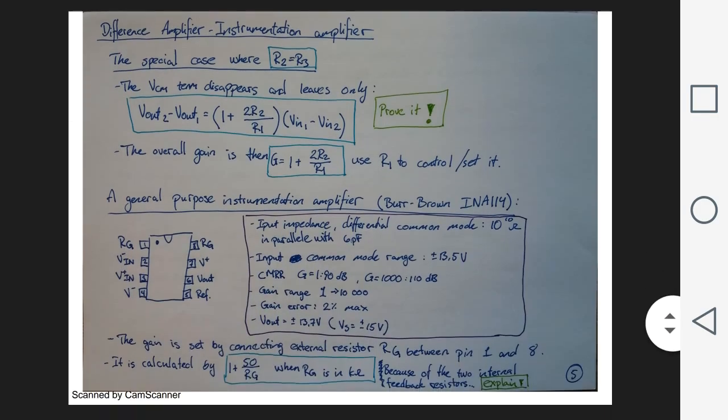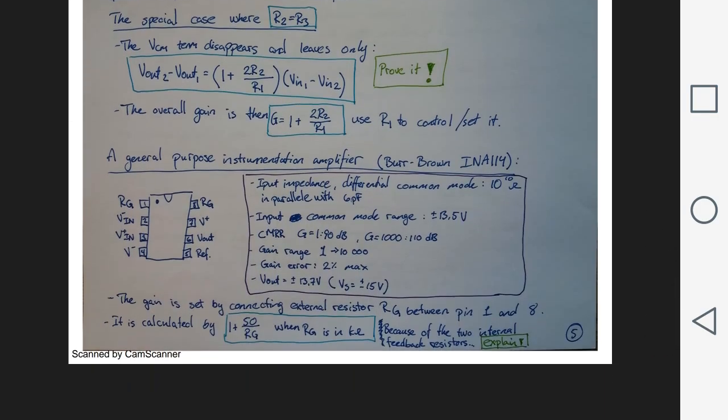Now, as an example of a differential or instrumentation amplifier, here is one. There is a general purpose instrumentation amplifier from Burr-Brown, number INA114. Its input impedance is around 100 gigaohms in parallel with 6 picofarads.